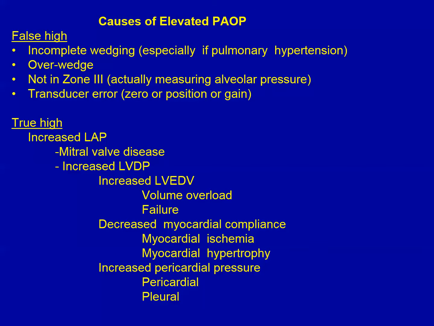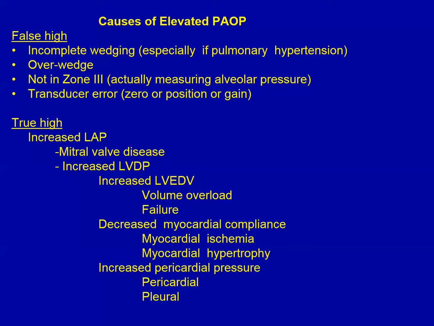So, when the pulmonary artery occlusion pressure is elevated, one should try to figure out what the cause of this is. And the first thing is to rule out a false high due to either incomplete wedging, over wedging, or if the tip is not in zone 3, or if there's a transducer error due to incorrect zeroing or positioning or gain setting on the transducer.